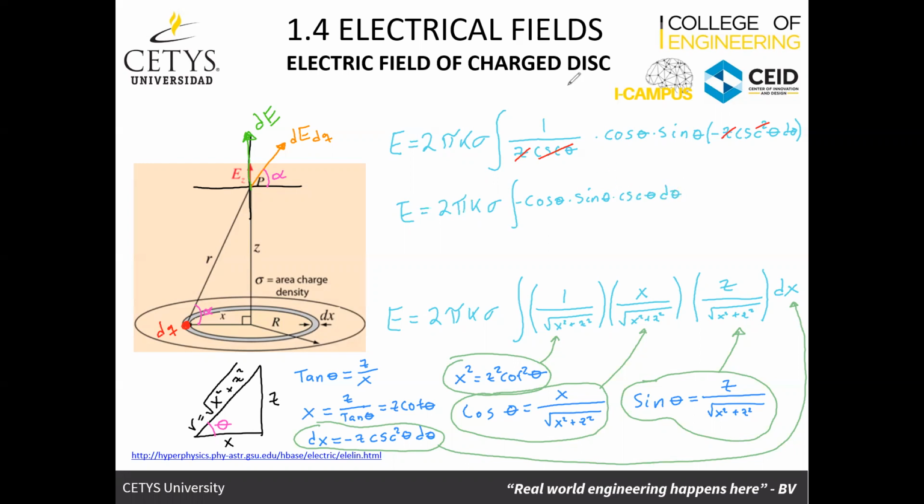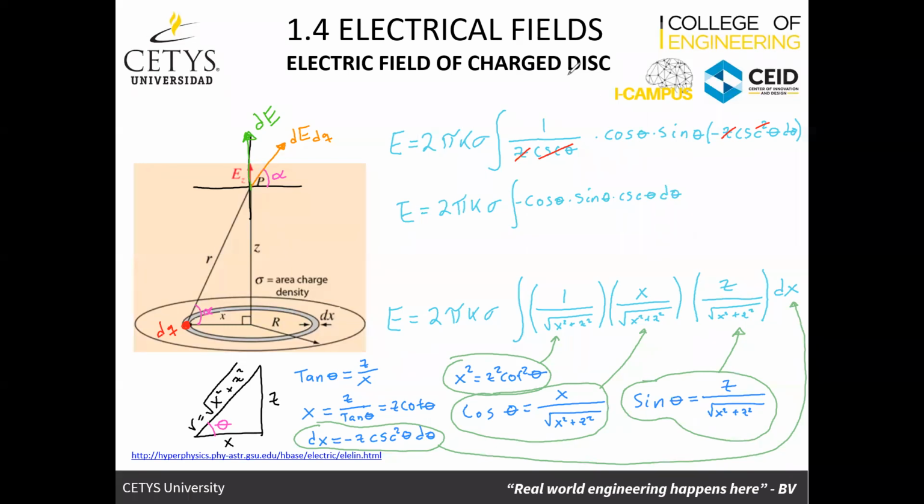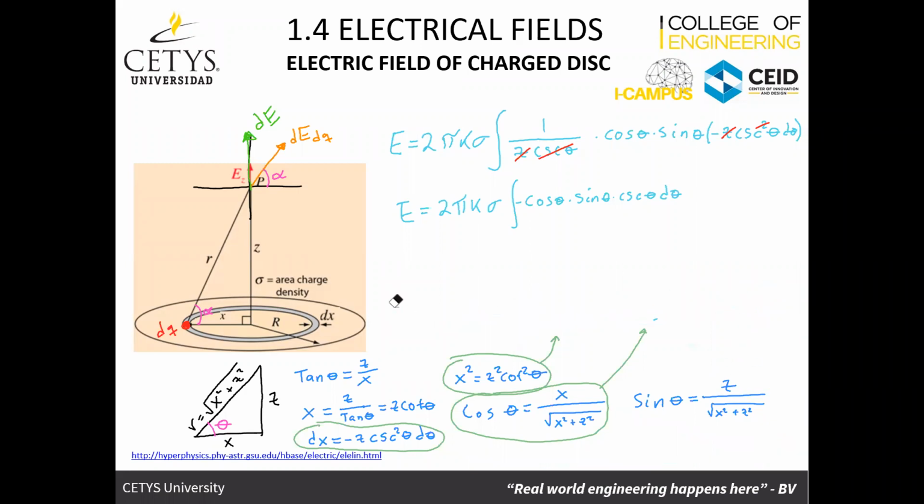And we know that cosecant is equal to 1 divided by sine. So if we substitute, I'm going to erase this part here on the bottom just to continue with solving the integral. Have a little bit more space here.